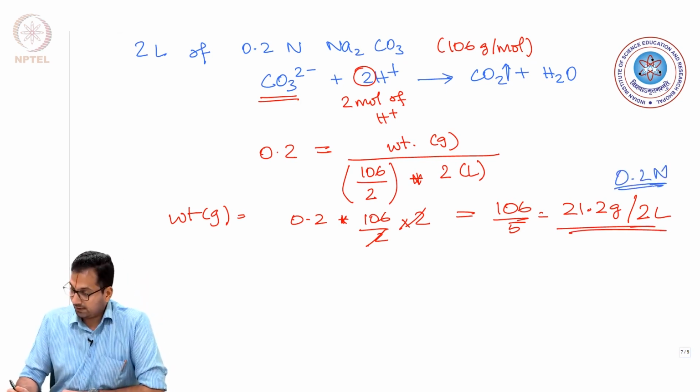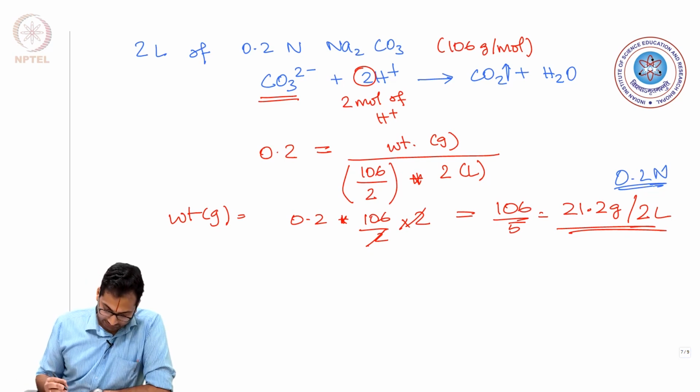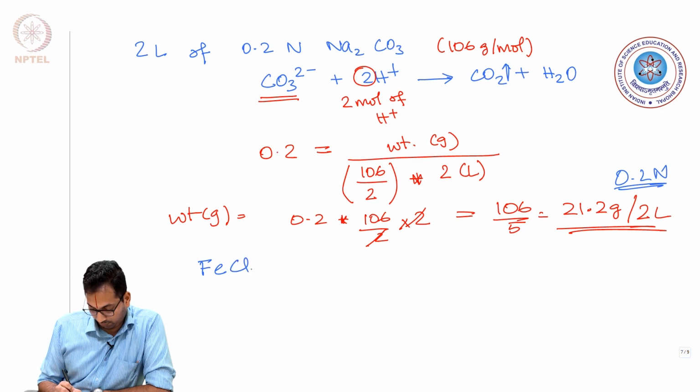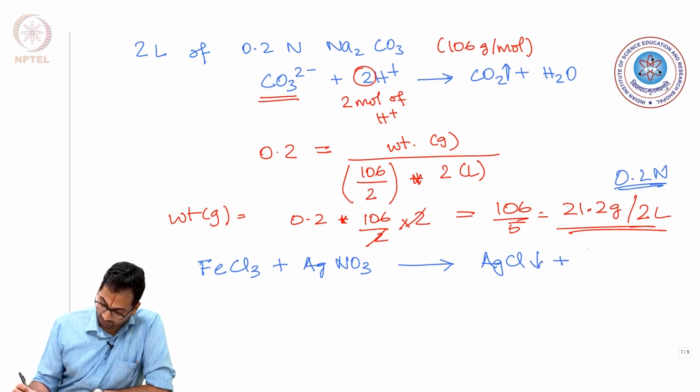So, now that we have seen an example of this, we can also try to understand what will be the equivalent weight in case of a precipitation reaction. Let us take an example of ferric chloride that reacts with silver nitrate to give our favorite silver mirror test, AgCl, which precipitates and forms a beautiful mirror in your test tube, plus ferric nitrate. We need to balance this really quickly.